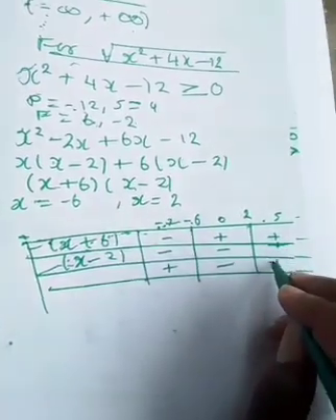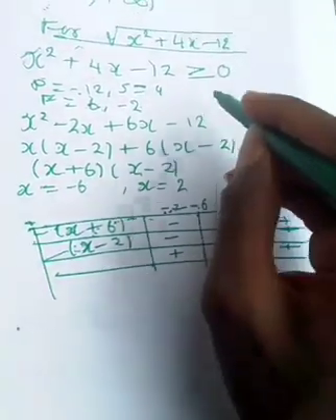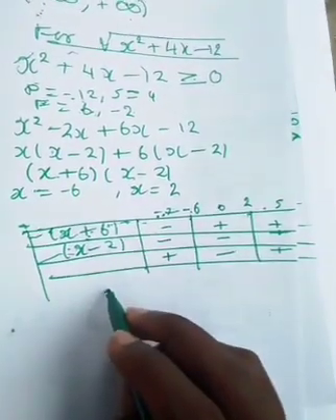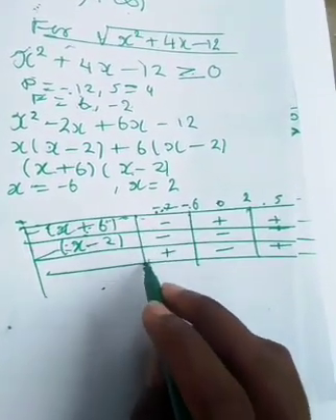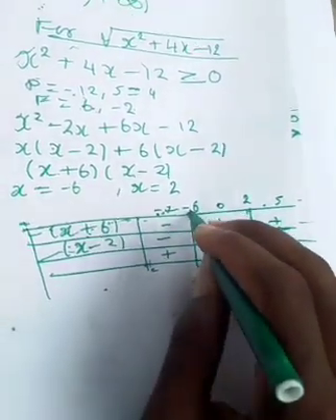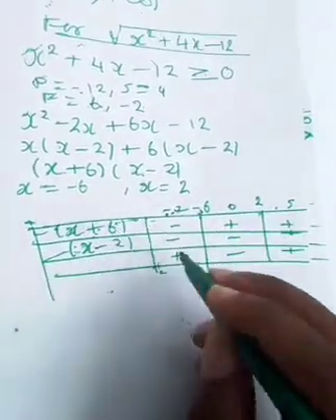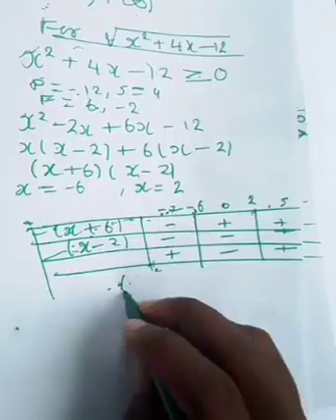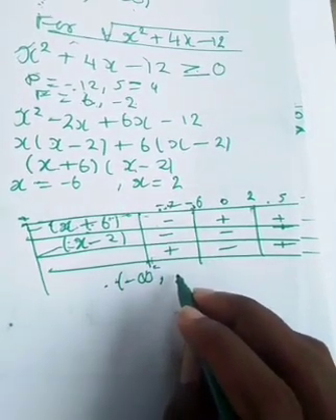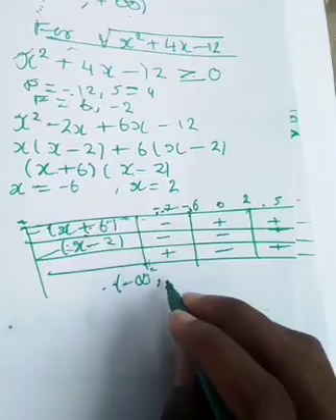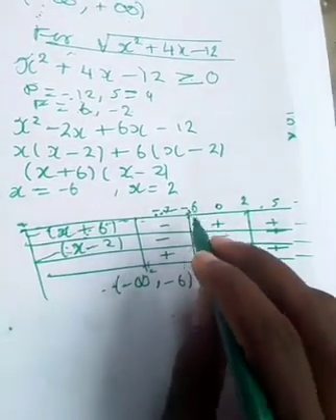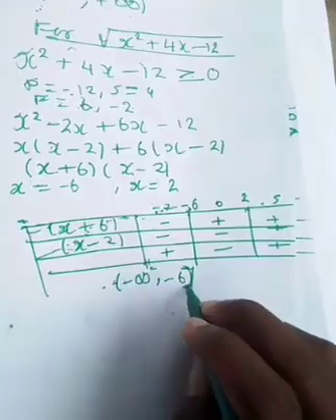Now, since here is greater than or equal to, I'm going to focus on the positive regions, which is this region and this region. So the first region is from negative infinity to negative 6. Wait, so listen, I'm going to use a square bracket, because there is an equal sign here.